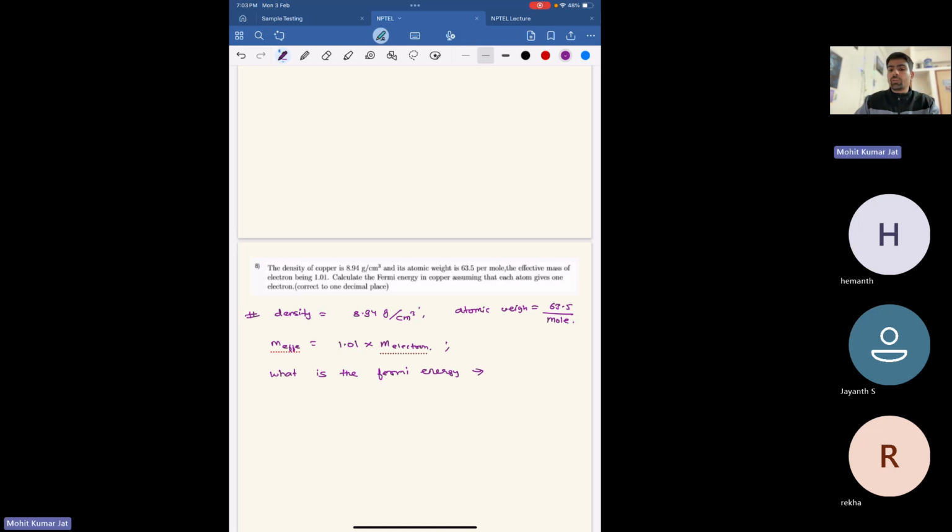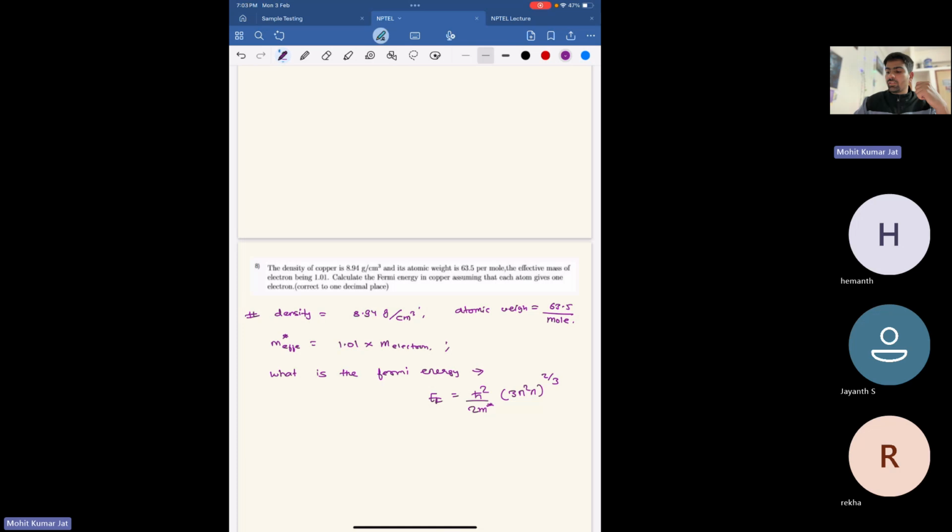The relation between the Fermi energy and the quantities we know comes from our class notes also. It is h bar squared by 2 m star, where m star is the effective mass, times (3 pi squared n) to the power 2 by 3. That's how the Fermi energy is related to the carrier density. h bar is a constant.